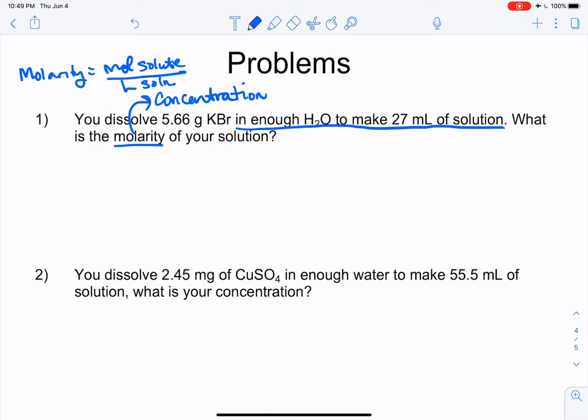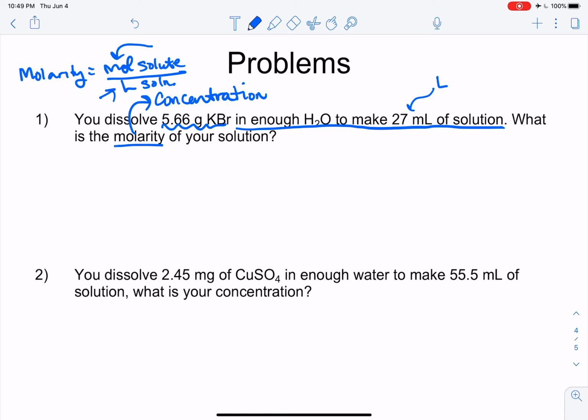So that says SOLN period. So it's short for solution. So we need to change grams of our solute into what? Into moles. And we have a volume over here, 27 milliliters, and we need to change milliliters into what? Into liters. And we know how to do both of those.